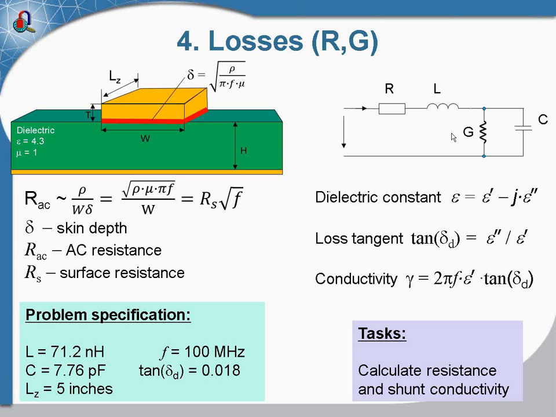As you see, indeed, the shunt resistance is much larger than the conductive resistance.